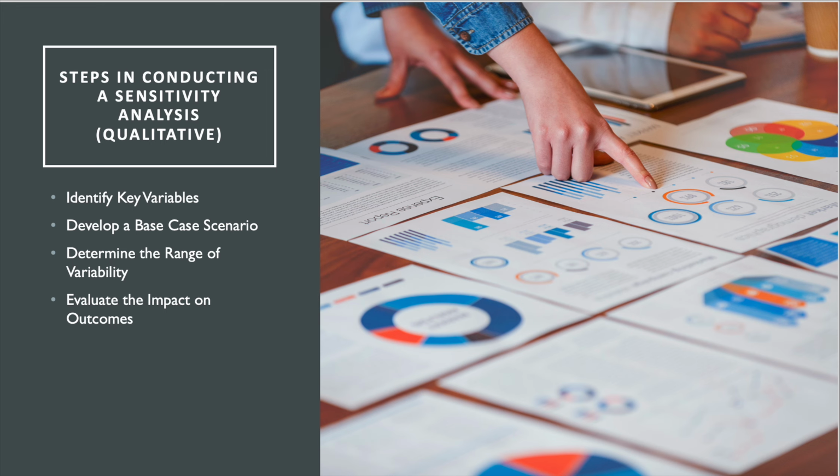The scenario represents the most likely values for each of these key variables. Next, we'll determine the range of variability. What happens if our sales volume is 10% lower than expected, or if our costs are 15% higher? Finally, we'll evaluate the impact of these changes on our outcomes, typically looking at metrics like net present value, NPV, or internal rate of return, IRR. (Miller, 2021).